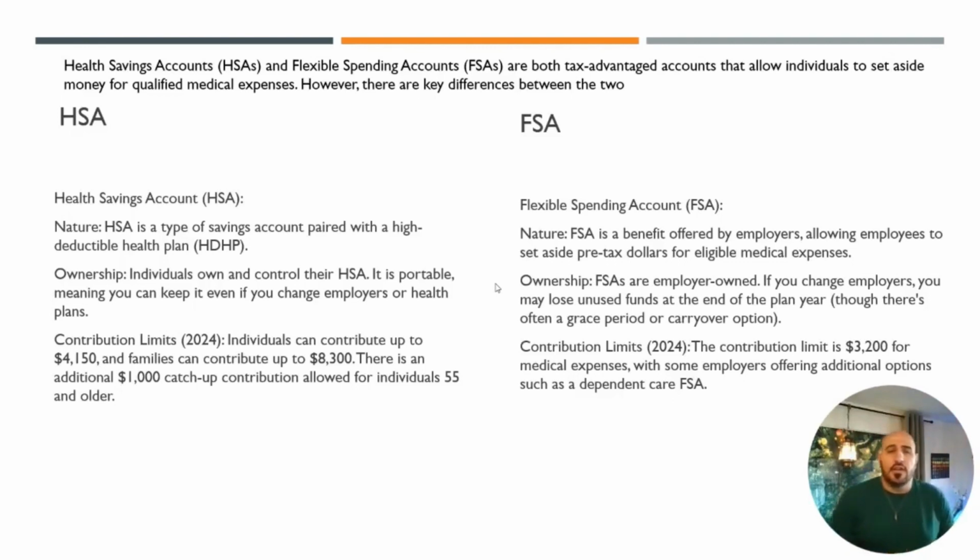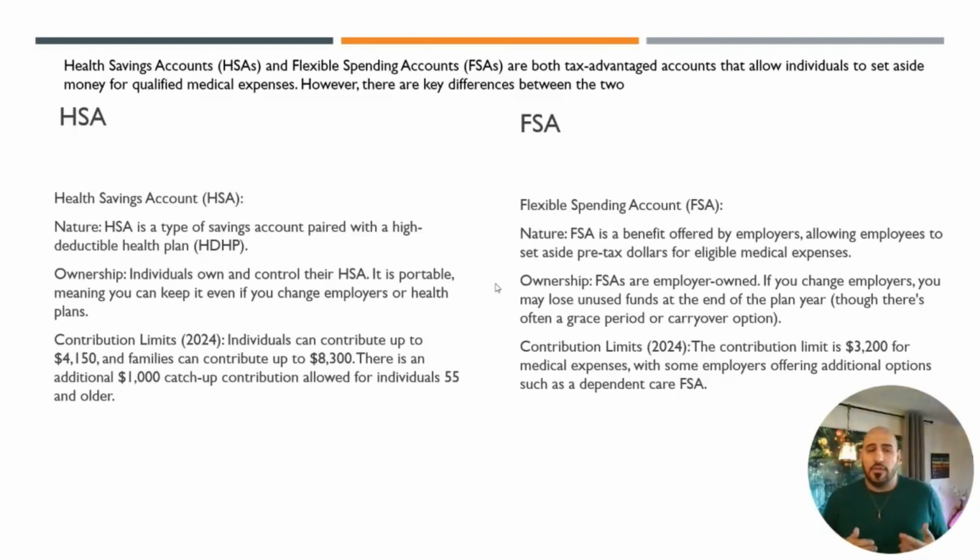Now, the HSA is a type of savings account paired with a high deductible, as we said. For the ownership of it, you control it. You contribute to it. Your employer could contribute to it as well if you're working. But you could keep that money.